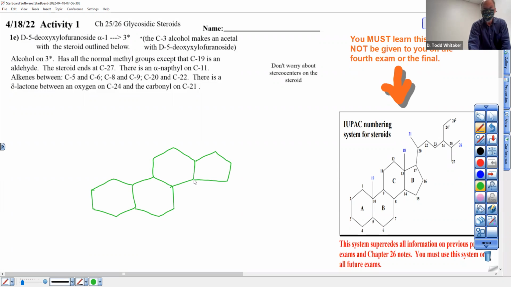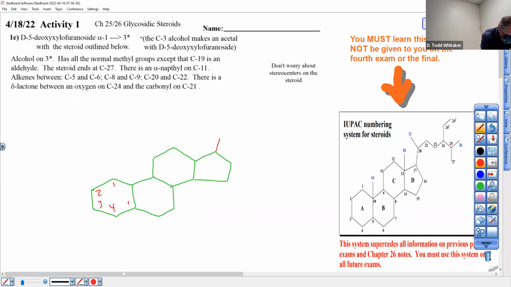You must learn the numbering. It's not as hard as you think either. You just got to know where 1 is. It's off this bridgehead to the left. Right there, it says that's number 1. And they go around. And remember, steroids are numbered so that you can get outside of the rings too. And the outside starts here.